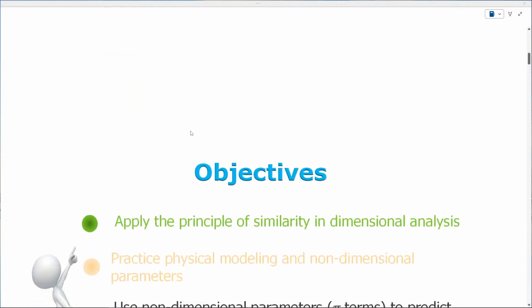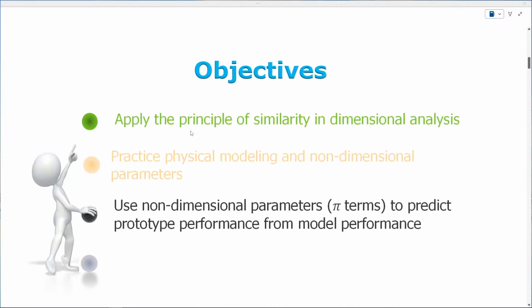And we will do an example. So basically, here we will apply the principle of similarity in dimensional analysis, practice physical modeling on non-dimensional parameters, and use non-dimensional parameters, the pi terms, to predict the prototype performance from the model performance.